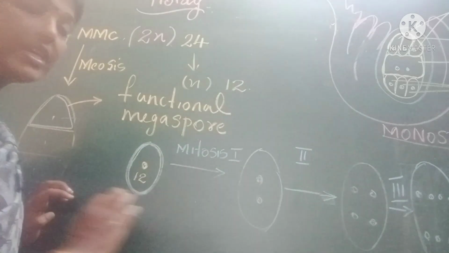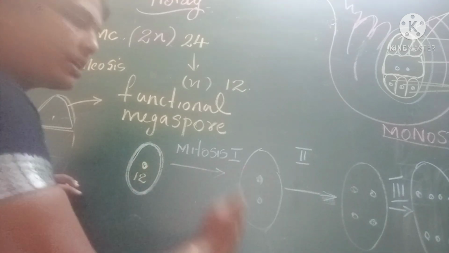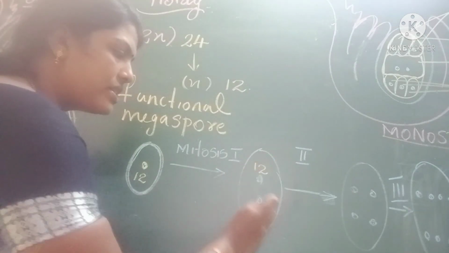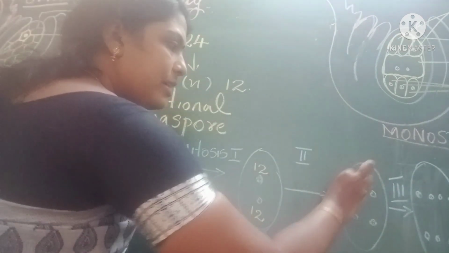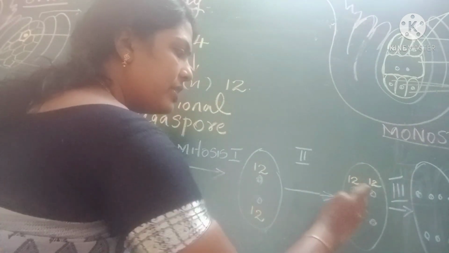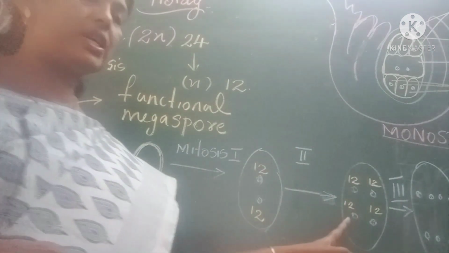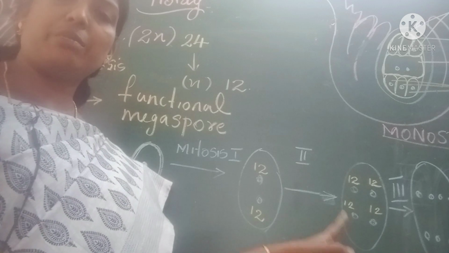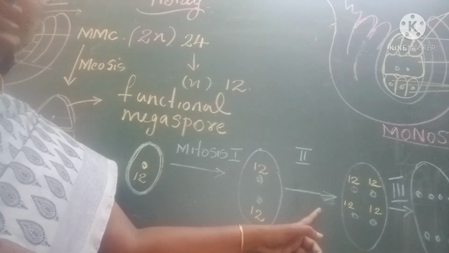In mitosis there is no deviation in chromosome number. One nucleus becomes 2 and each has chromosome number 12. And again it becomes 12, 12, 12, 12, isn't it? So each nucleus should consist of how many chromosomes? 12, because it is undergoing simple mitotic division.